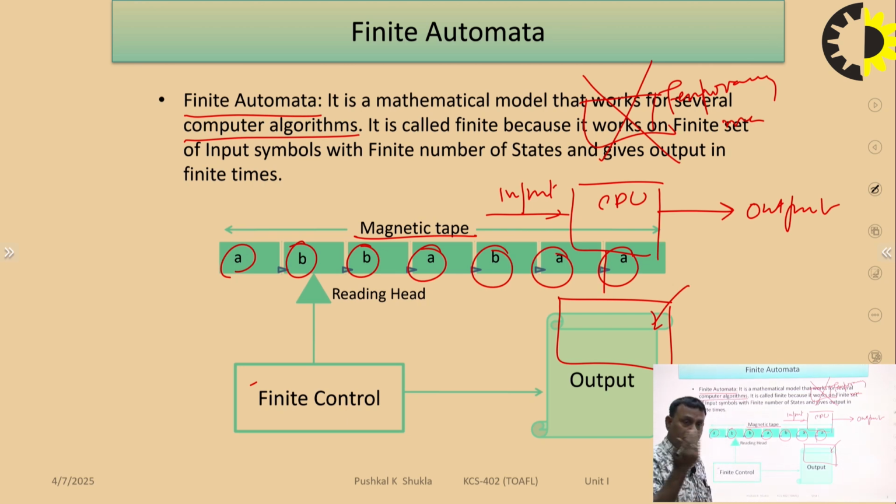Q0 is said to be the initial state, then Q1, Q2, Q3, and the last one is suppose Qf. These states are controlled by the finite control machine through the reading head. The reading head scans the input symbols on the magnetic tape, and correspondingly output is produced.